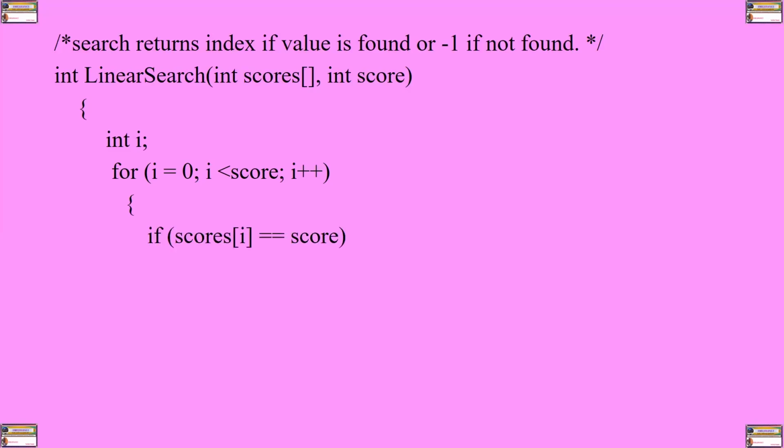It will execute this statement, which is saying if scores I is equal to score. Now, this statement can be interpreted as follows. The processor is being told to compare the first element in the array. Remember, it is scores I, scores 0. So this statement is telling the processor to read the first value in the array called scores.